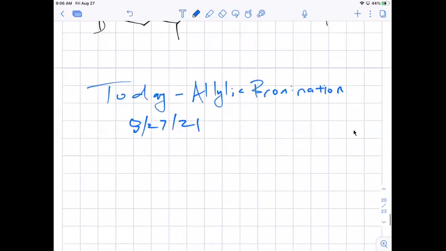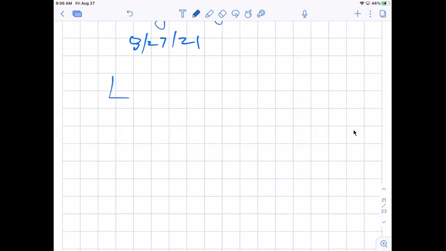What we've talked about up to this point has been under the umbrella of synthesis. I'm not going to add the application part yet.